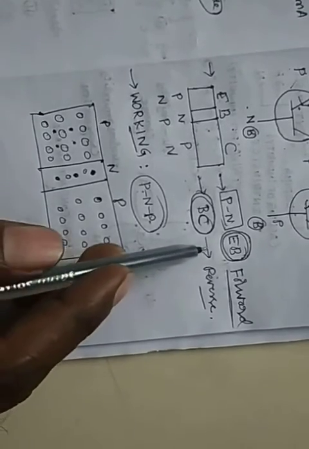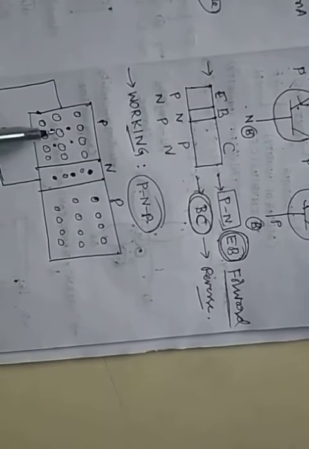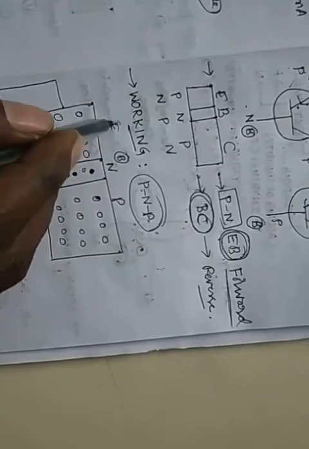The emitter base junction should be in forward bias. That means the P-type terminal is connected to the positive terminal of the battery and the N-type is connected to the negative terminal of the battery. Then the diode is in forward bias.